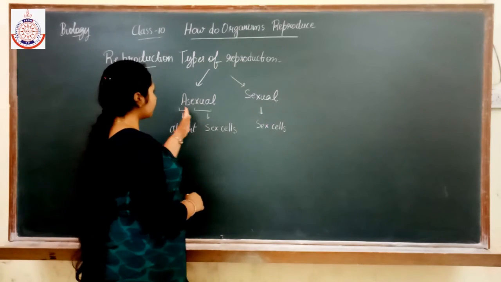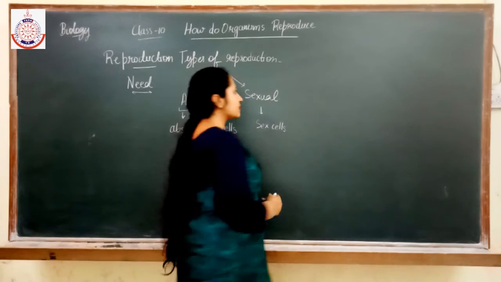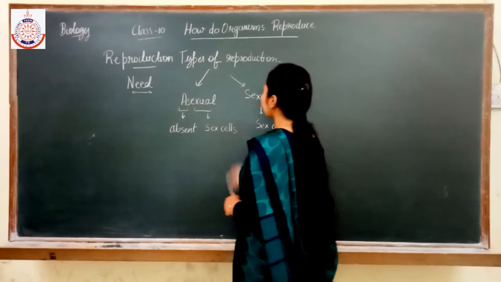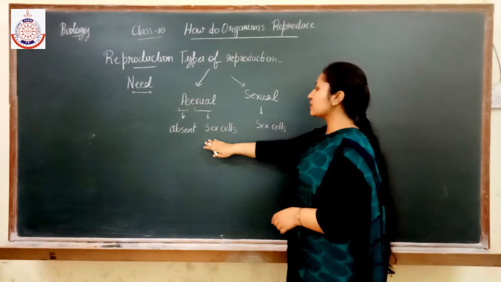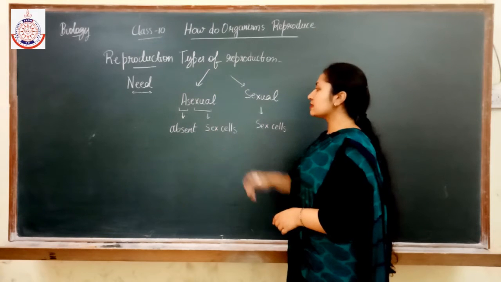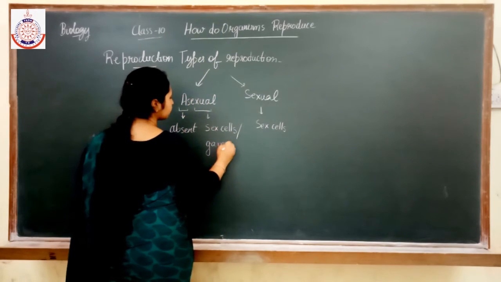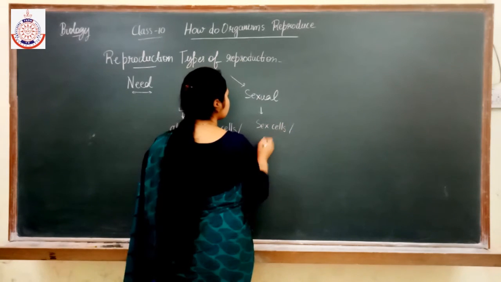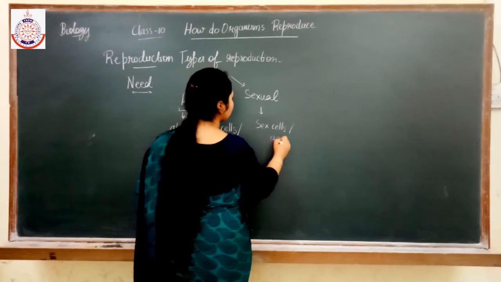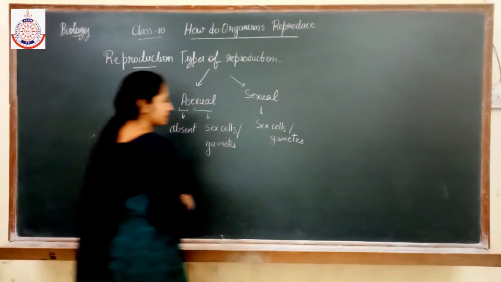So the two main differences between asexual and sexual reproduction are that in case of asexual reproduction, the sex cells, meaning the gametes, are absent, and in case of sexual reproduction, the sex cells, also known as the gametes, are present.